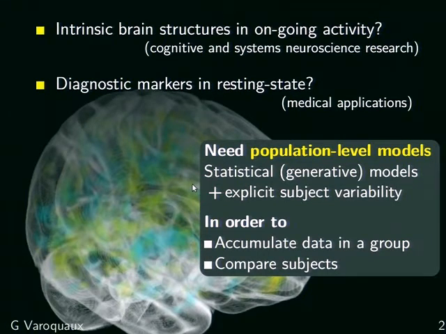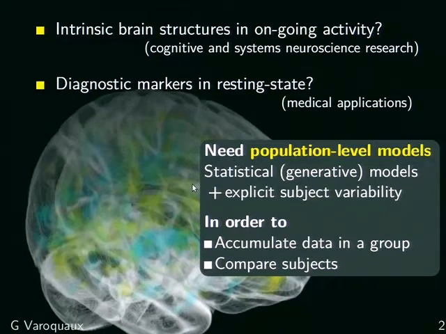Another very important application would be: can we learn diagnostic markers from this kind of data set in resting state? This is extremely interesting for medical applications. And for these applications, we are going to need population level models. By population level, I mean models that go beyond the single subject.